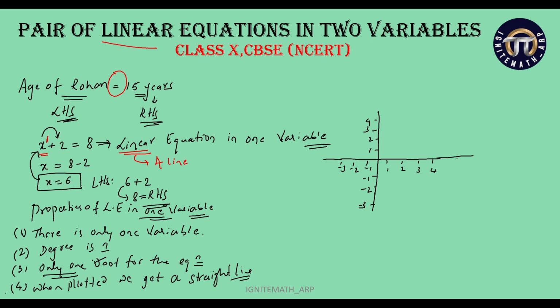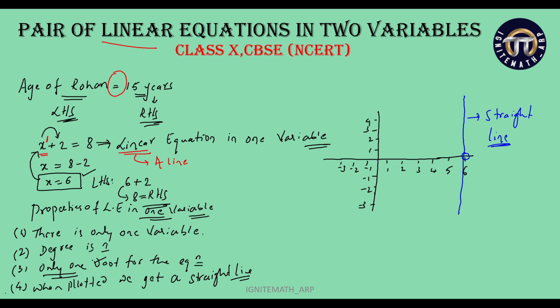You know it. Then when the equation x equal to 6 is plotted, it is nothing but the straight line which is passing through 6 on the positive x-axis. I get a straight line.